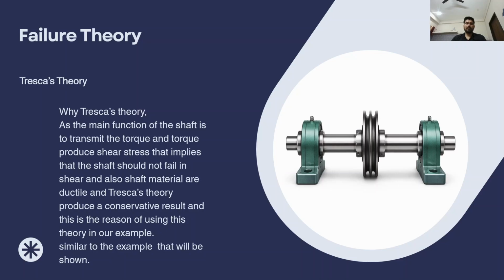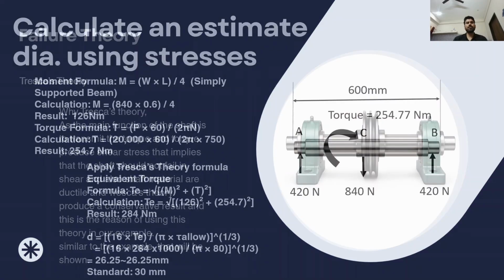It is because the main function of the shaft is to transmit torque, and torque produces shear stress. That implies that the shaft should not fail in shear, and shaft materials are ductile, and also Tresca's theory produces conservative results, and this is the reason why I have selected Tresca's failure theory.